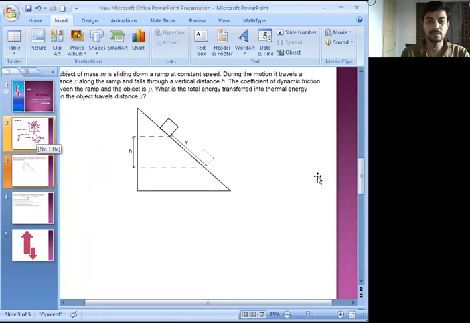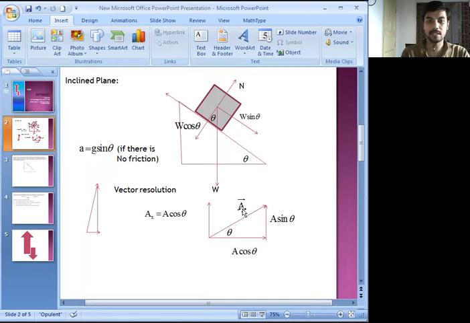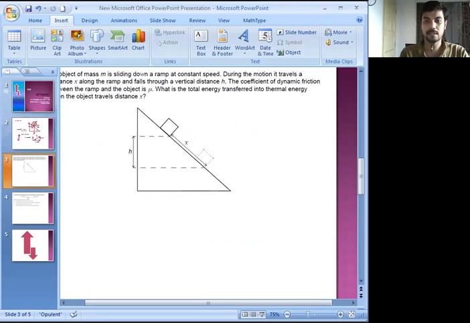So just take a moment over here, everybody. I hope you can understand that over here friction would be W sin theta and nothing else. So if I use that expression of friction, W sin theta, then you can understand that the work done W would be that frictional force times the displacement that it is suffering.